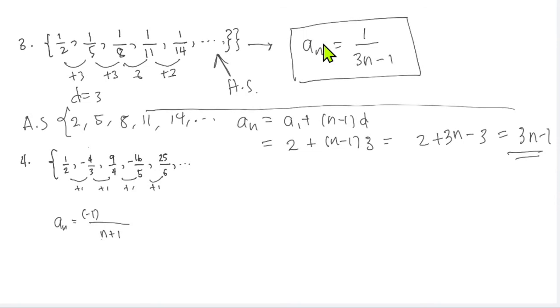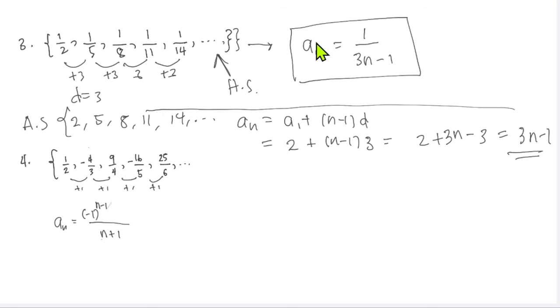If you want the first term to be positive and n starts with 1, negative 1 to the 1 is negative, so we need to subtract 1. So that should be n minus 1 in the exponent, so that 1 minus 1 is 0, and negative 1 to the 0 is positive. So the first term is positive.